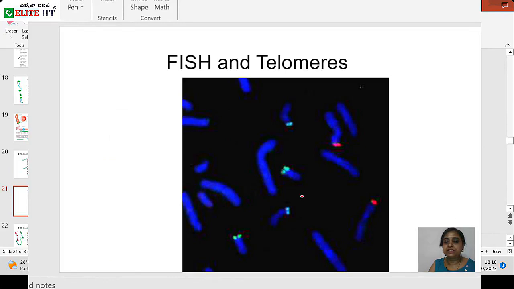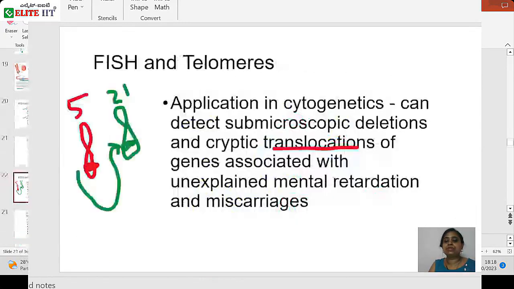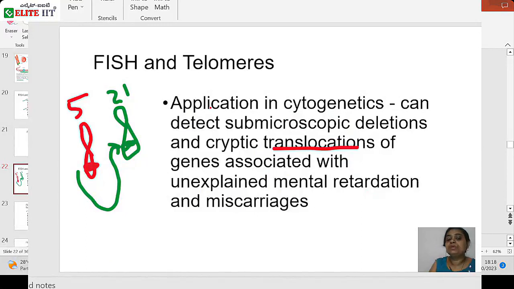You can visualize it under the microscope. See, telomere means this end part. Here a red color probe is used, here a blue color probe is used, here a green colored probe is used. Probe is attached with a fluorescent compound, that is, different colors are added.